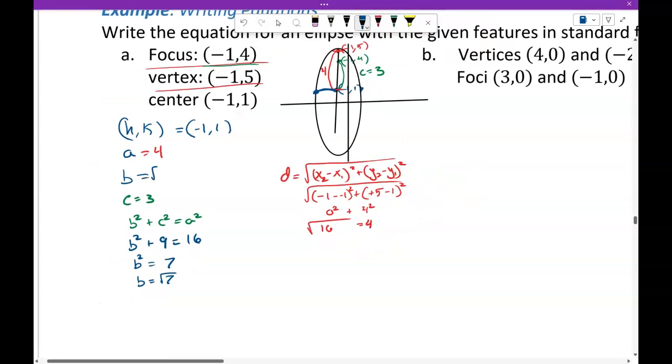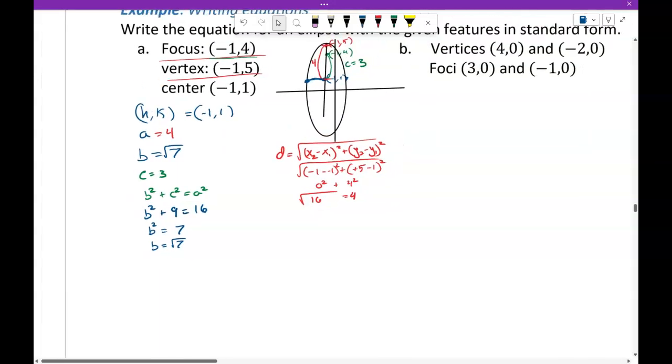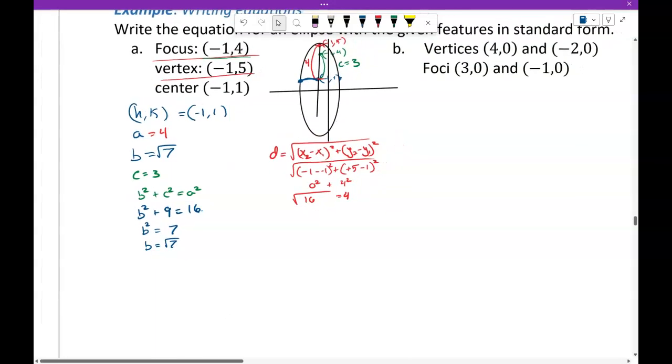So now we have everything that we need in order to write our equation. Now we have to consider the direction of the major axis. Since it's a vertical major axis, we know that a is going to be underneath the y term. So we have our equation (x minus h) squared over b squared plus (y minus k) squared over a squared equals 1.